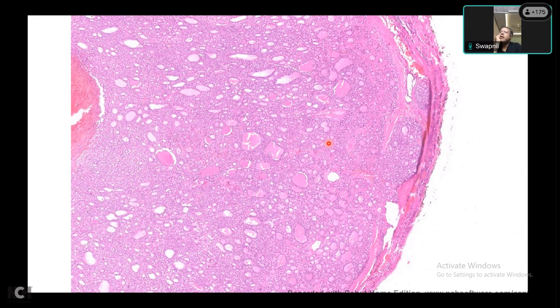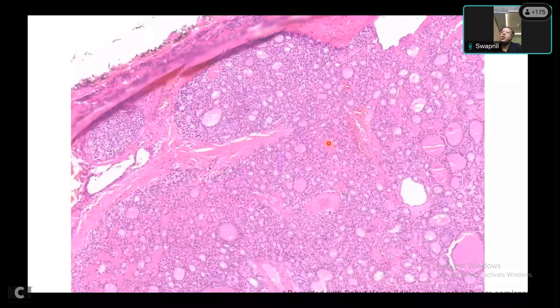And then you would search for vascular invasion, and you would count how many foci of invasion there are. So this is definite capsular invasion, which is going beyond the capsule, almost like a mushrooming kind of thing, with the two capsules at both sides and something jutting out of the capsule.